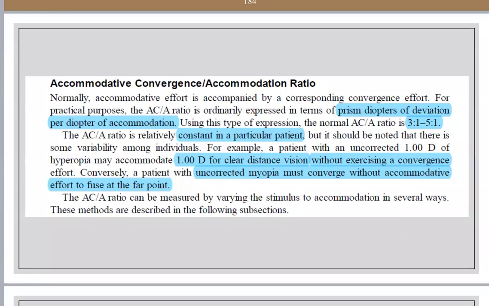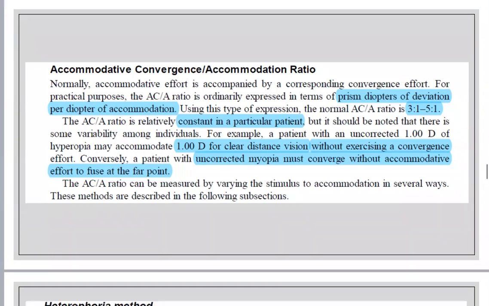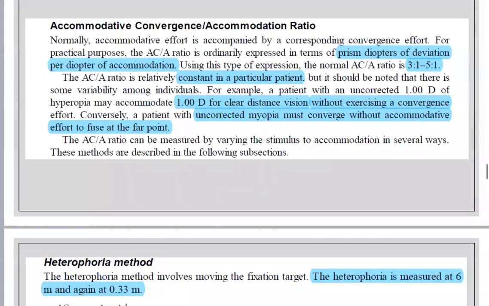But after a while, you can decrease this +4 by 1 diopter, 2 diopters in order to induce accommodation. This accommodation will be accompanied by convergence, and this convergence will be accompanied by increase in the fusional divergence. This will be very beneficial for this patient.